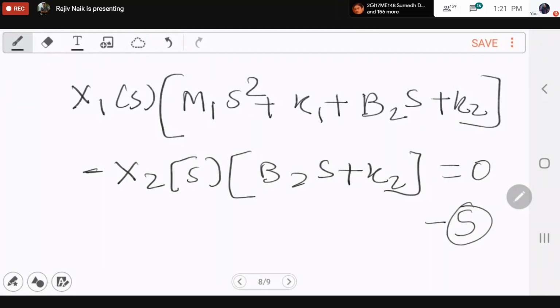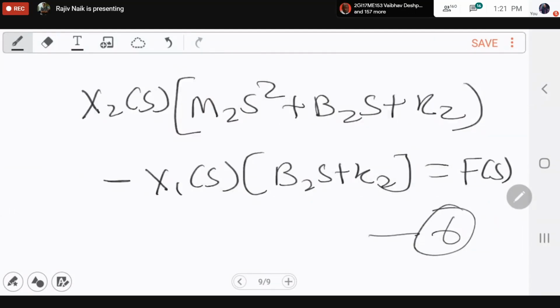Now, see here, you have two equations. One is coefficient multiplied by x1 minus coefficient multiplied by x2 is equal to 0, one equation. And equation number 6, that is coefficient of x2 multiplied by its coefficient minus x1 multiplied by its coefficient is equal to f of s. That means it is like a simultaneous equation. Say a x1 plus b x2 is equal to c.